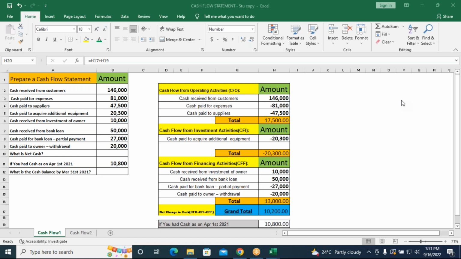If you are not able to connect your audio, please put it in the chat that you are present. Prabjot is present. Bhumika, present, ma'am. Aditi, yes, ma'am. Triveda is absent today.